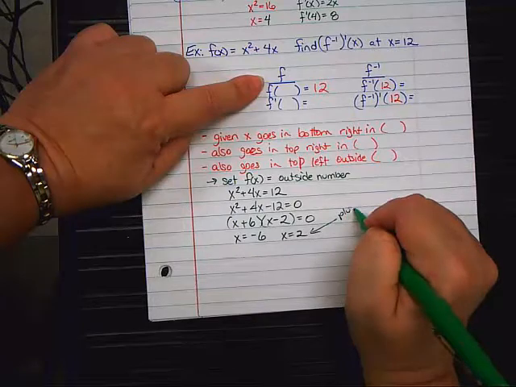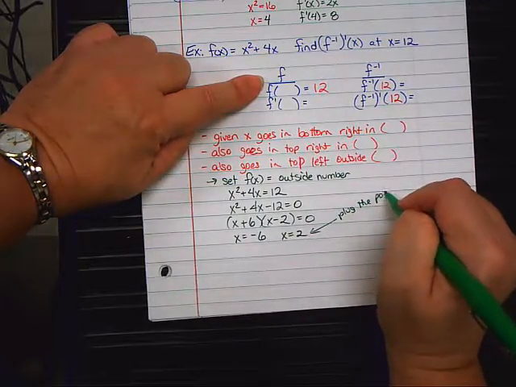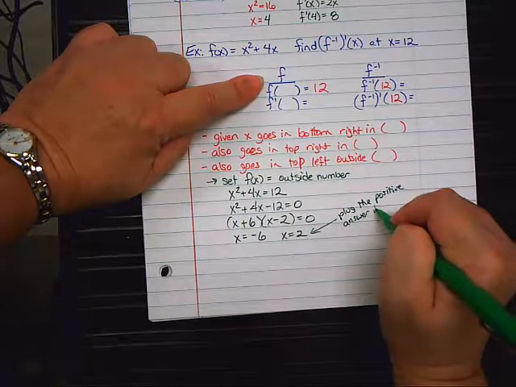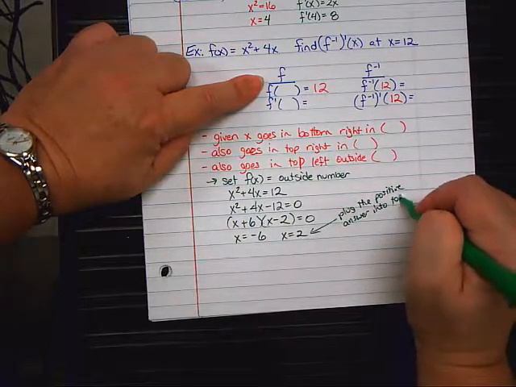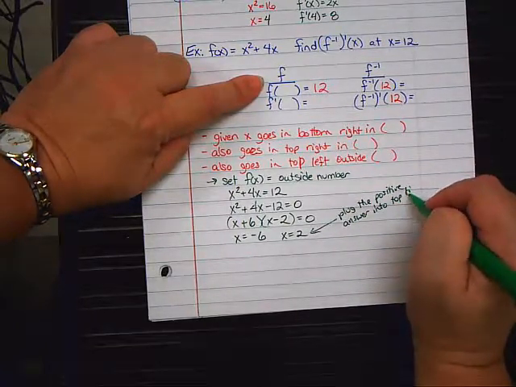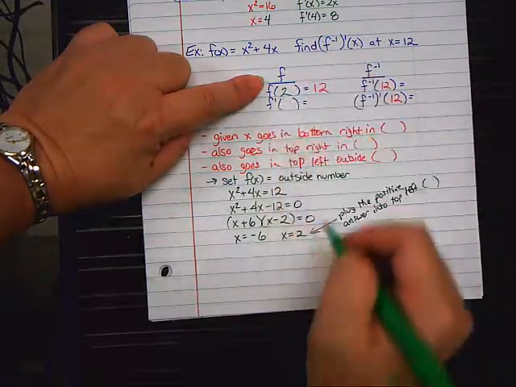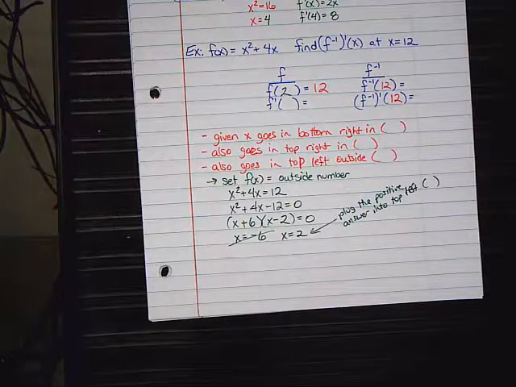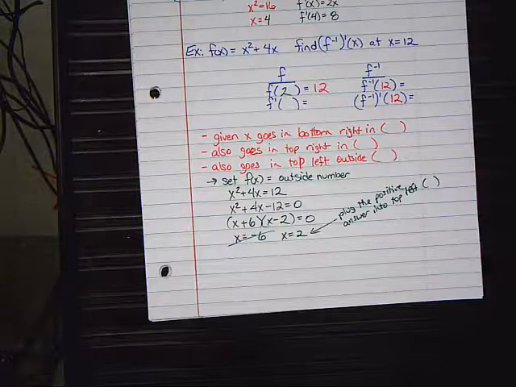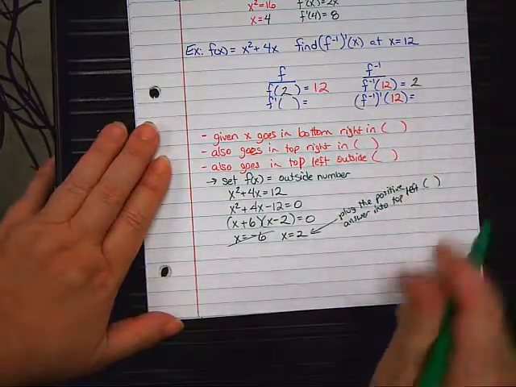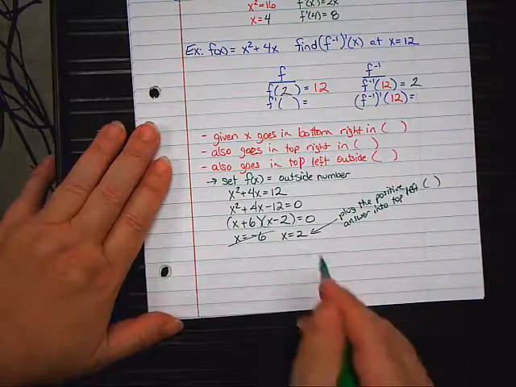We plug the positive answer into the top left parentheses. So 2 goes there. You can also put it over here if you want to, but you don't have to.